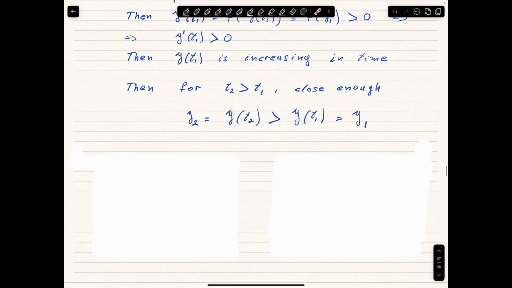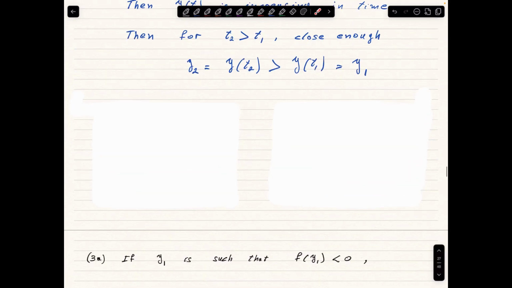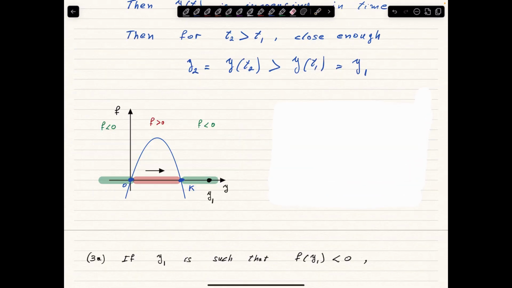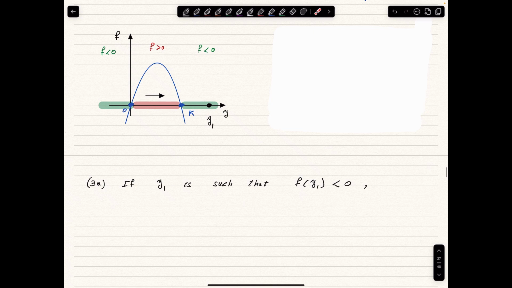Now let's consider that case. Suppose y1 is such that it's in a region where f is negative. So I draw it here, for example. F is negative in that region. Well, we do the whole analysis one more time.